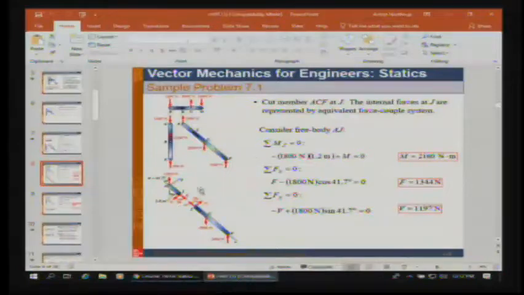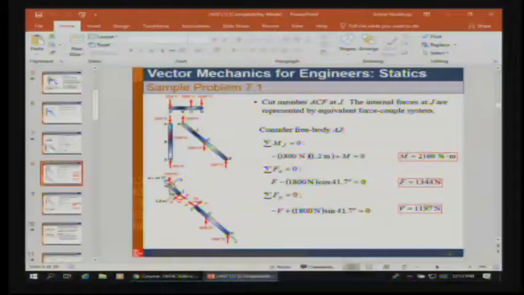So then, considering either A to J or F to J to be the piece that we're looking at, we do a summation of moments, summation of forces F, X, and summation forces Y. Now, it's important to notice here that X and Y, we have reoriented our axes so that X is along the structural member and Y is perpendicular to the structural member.